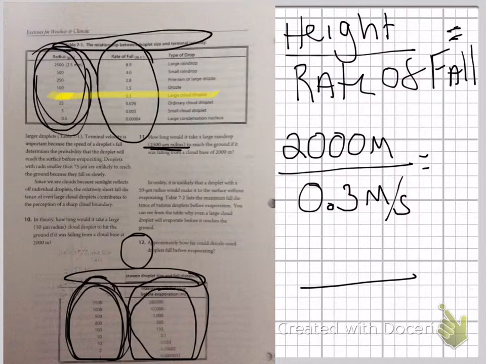Well, that's pretty easy. I'm going to look up a drizzle-sized droplet. This is drizzle, and they give me the radius. And then down here, I will look up my radius and see how long it takes for it to fall. So you're just using the tables accordingly to find the answers for question 12.